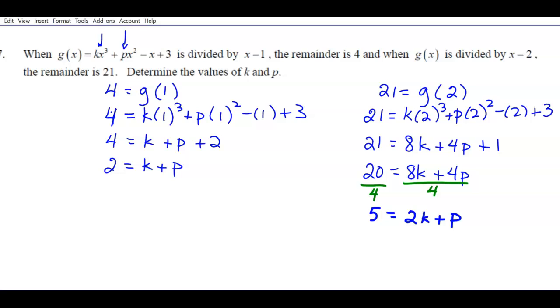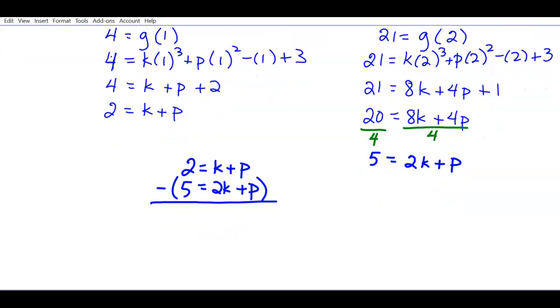And then solve that. So that's going to be negative 3, negative k, so k equals 3. And then substitute that in, and p would equal negative 1. Okay, then you could check, right?